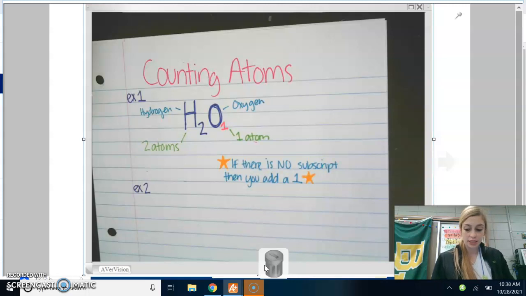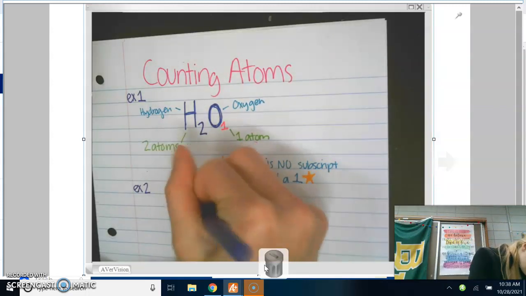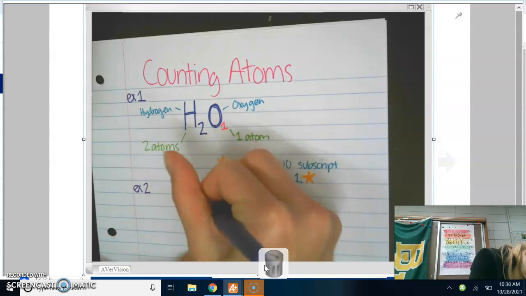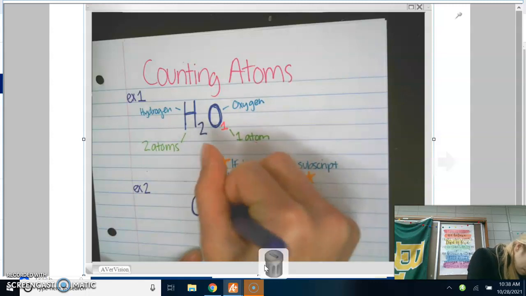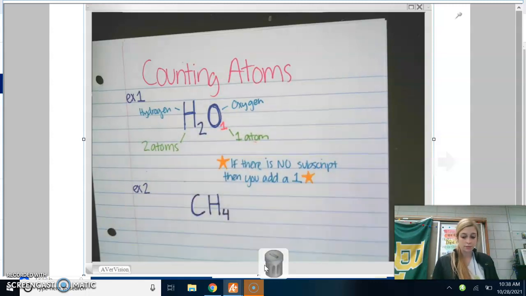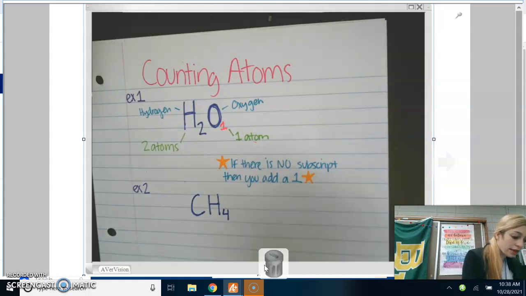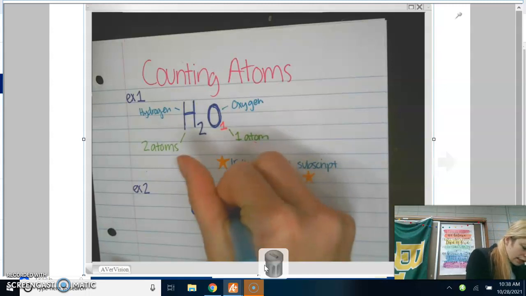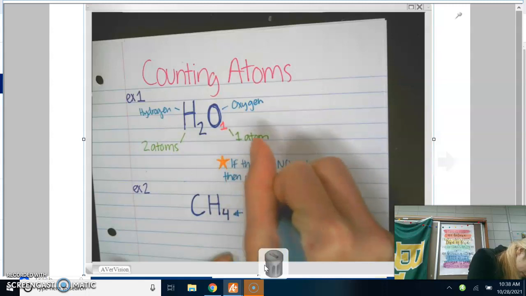All right, for this example, we are going to do CH4. All right, so let's label first that this is a subscript.